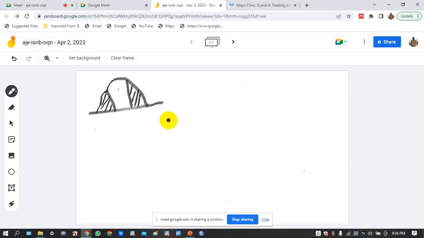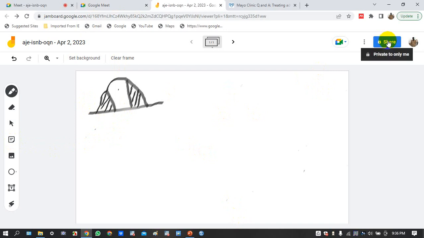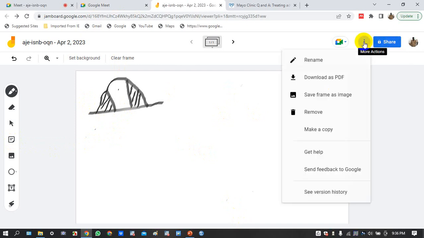Can you see the whiteboard? It's not there. It will show. But you need to get the explanation, it's very important.